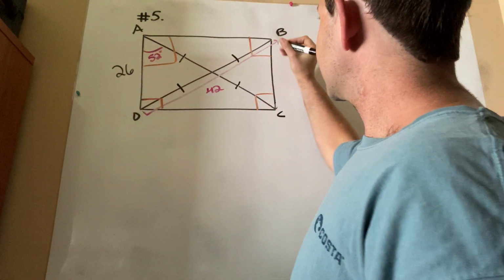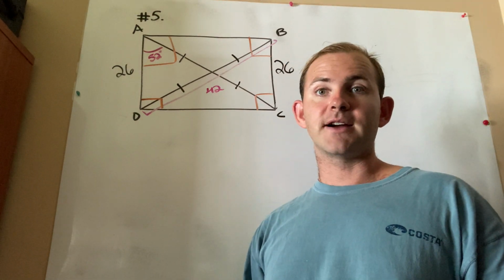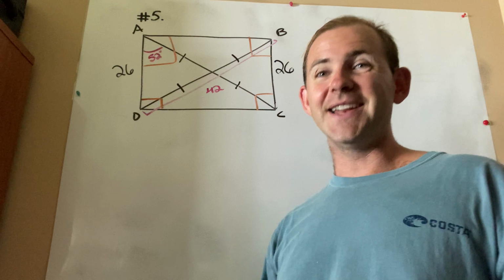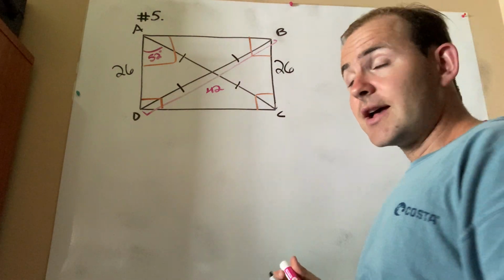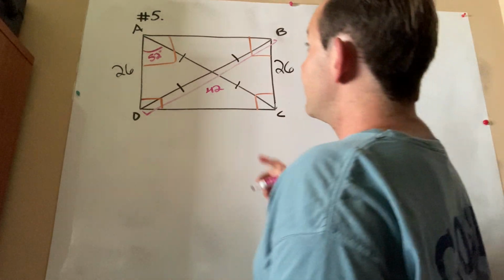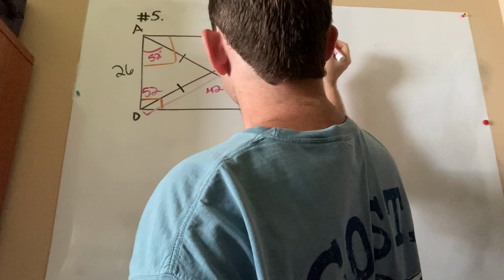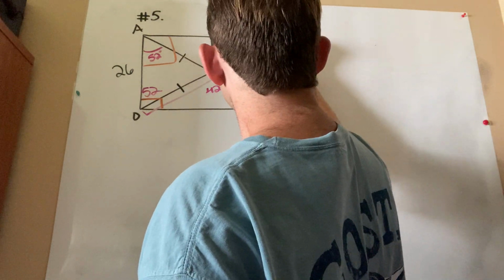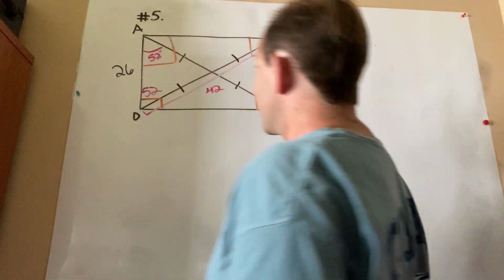If this is 26, this over here is also 26 because opposite sides of parallelograms, of which a rectangle is one, are congruent. Similarly, by isosceles triangles, I know that because this is isosceles, this is also 52. This triangle on the right is exactly the same triangle, so it's 52 and 52.